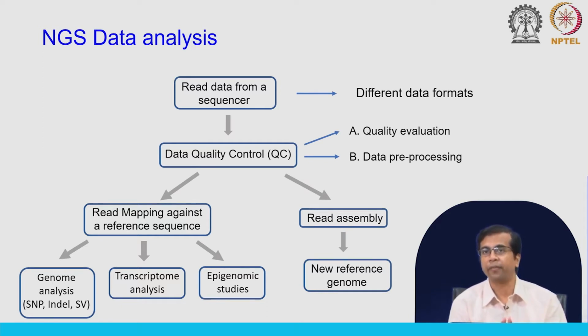So, you will have a reference genome against which you will map your sequenced reads. If you are working with an organism where there is no reference genome, you will do the assembly. Today's focus will be this read mapping, where we will discuss certain challenges and the approach, and read assembly we will discuss in the later part of this course.